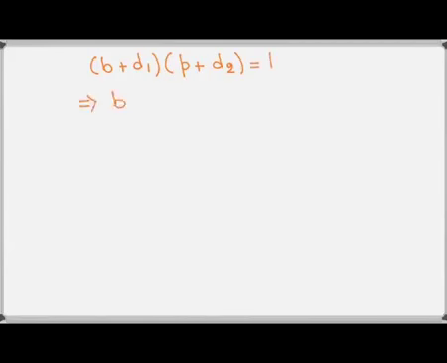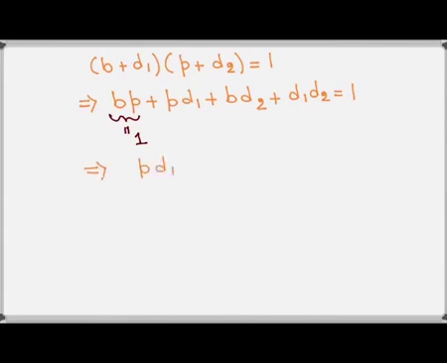That is BP plus PD1 plus BD2 plus D1D2 is equal to 1. As BP is equal to 1, we get PD1 plus BD2 is equal to minus D1D2.